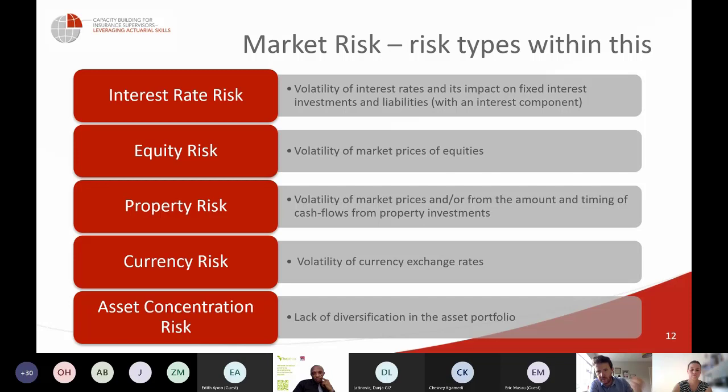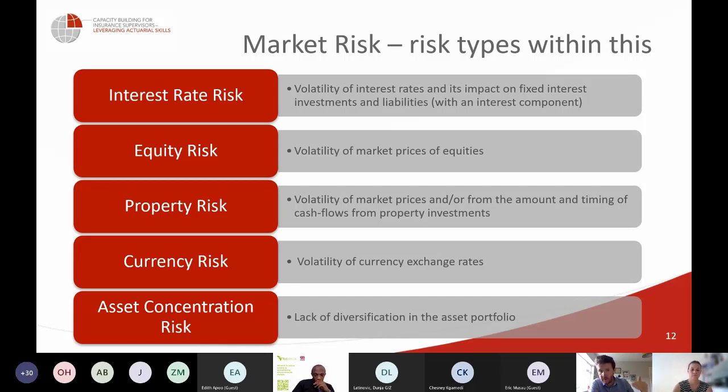So like the property risk is a really big one. And you may penalize them and require higher capital requirements for property risk. But ultimately, you don't want them having too much of their investments in illiquid assets that they can't cash out. So these risk categories are also kind of a framework or a way of thinking to challenge how the insurer manages their business and how to think about the risks in the business.